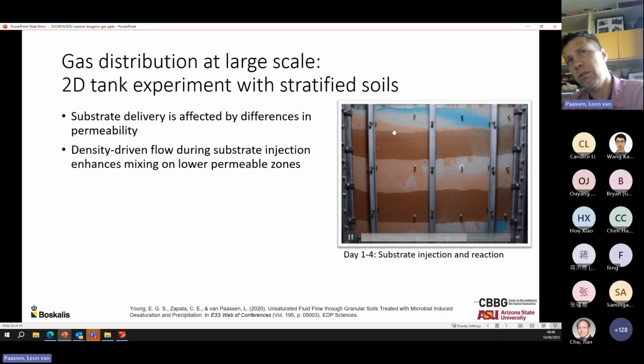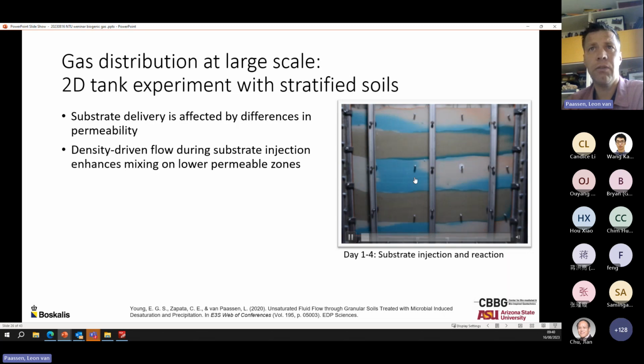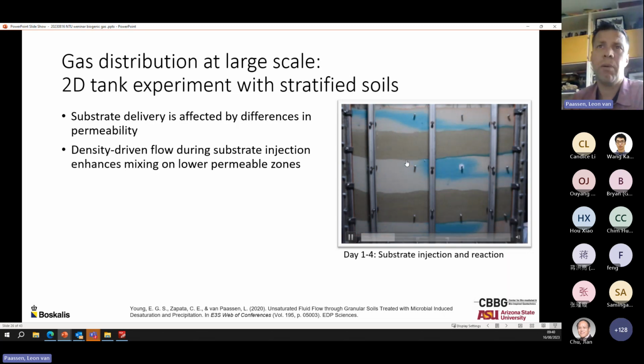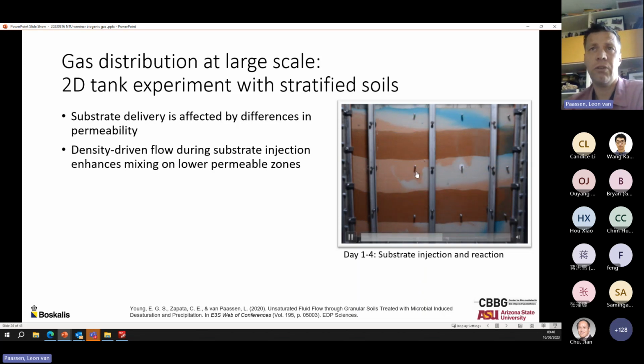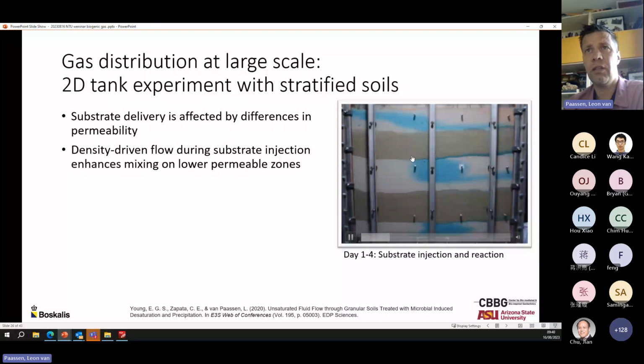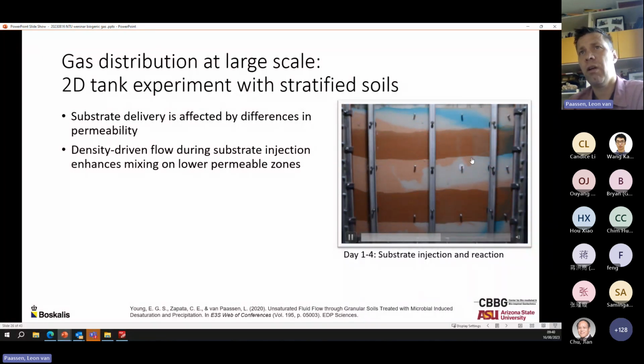So the inclined front and the fingers going down into the fine sand are actually a result of gravity. And remember that this is a very low concentration injection. It is only 25 to 50 millimolar of substrate concentration. And even with this low density in a coarse grained and fine grained sand, you can already see quite some effect of gravity on the flow within the system.